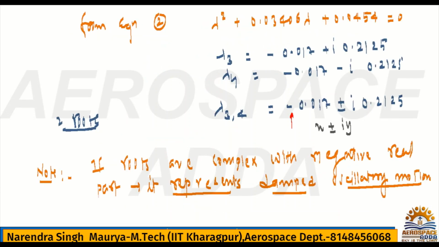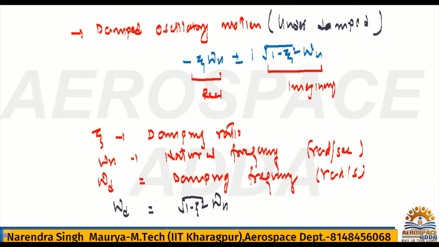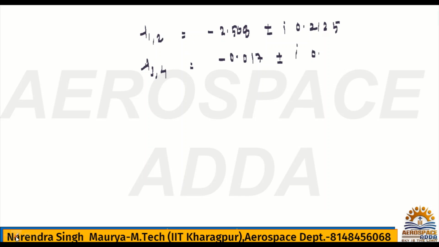Let me correct this: the imaginary part for roots 1 and 2 is 2.587, and for the other it was 0.2125. Now two couples of roots we have. This is one couple, A, and this is the other couple, B.